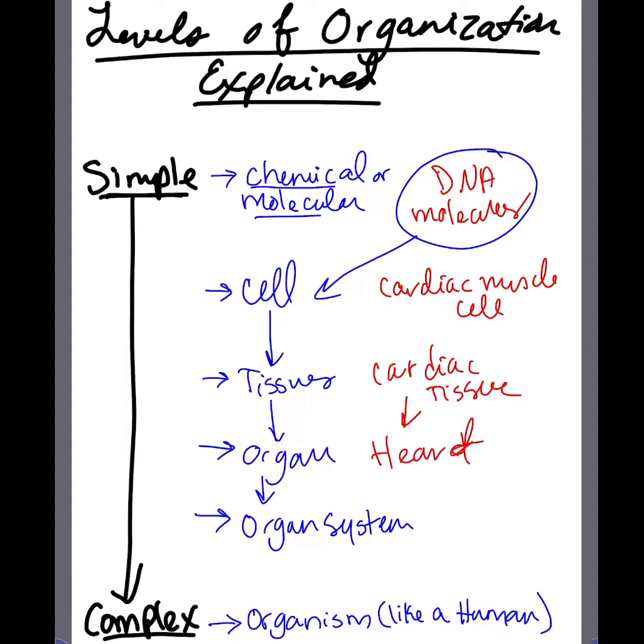And so together we're going to form the cardiovascular system, which is composed of blood vessels, the heart, and blood. At the very end, when we combine all of these organ systems, in total the human body has 11. It's going to form the whole organism, which is a human.